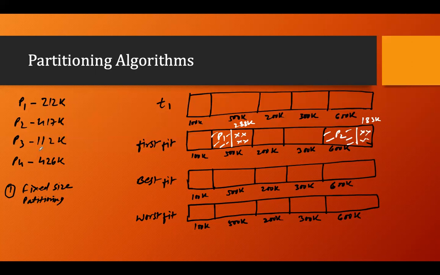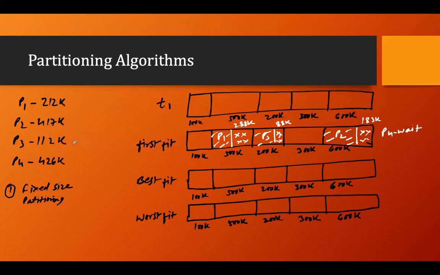Now the next one is 112. Can we accommodate here? No. Here, yes. This is P3 that we can put here. From 200, the leftover will be 88, and it is of no use. The next one is 426. Can we accommodate here, here, or here? No. So P4 has to wait.